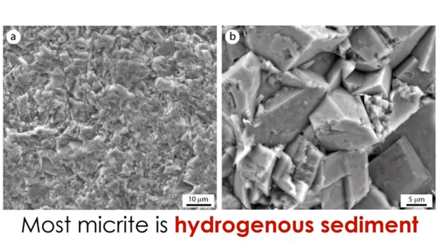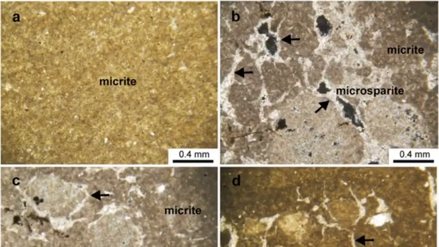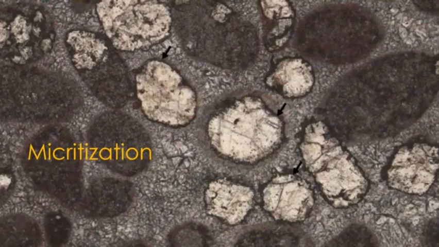Micrite grains are tiny. Micrite particles form through a variety of pathways. Some micrite represents hydrogenous sediment that forms from chemical precipitation of calcium carbonate in water. Other micrite particles form from the breakdown of bioclasts, intraclasts, ooids, and other large grains.